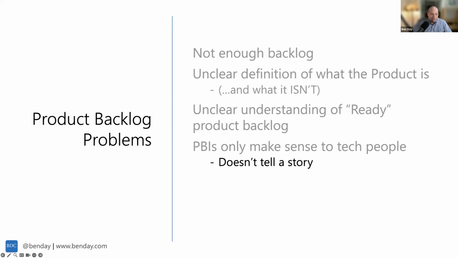That might be what you end up doing, but you want your product backlog items to tell some kind of story about what you're trying to do. So if your PBIs are not readable by mere mortals, maybe they're very tasky PBIs, it makes it very hard to communicate with your customers about what the priorities are and to validate that what you're working on is the right stuff, that it's what they want, or that the way that you're thinking about those product backlog items makes sense to them.